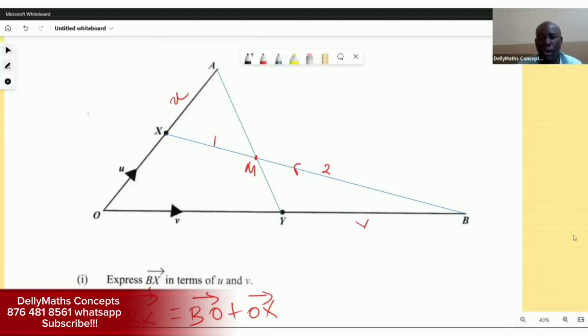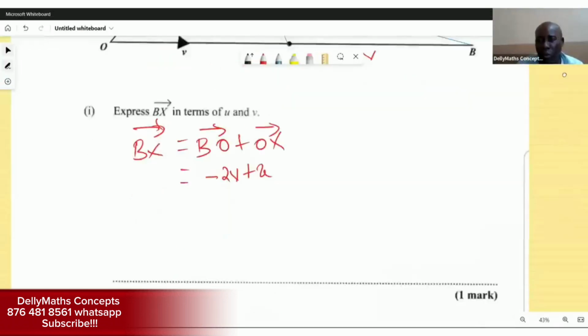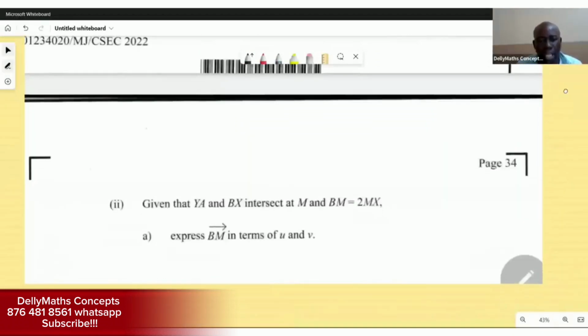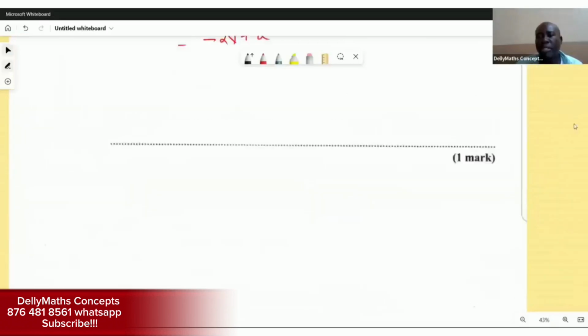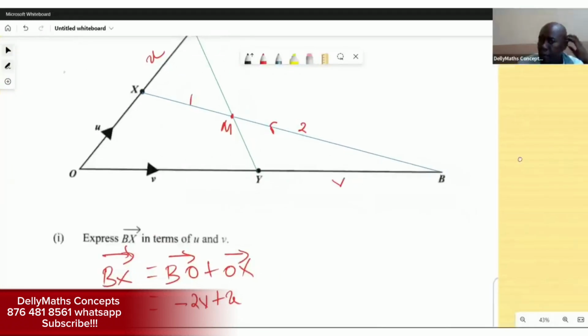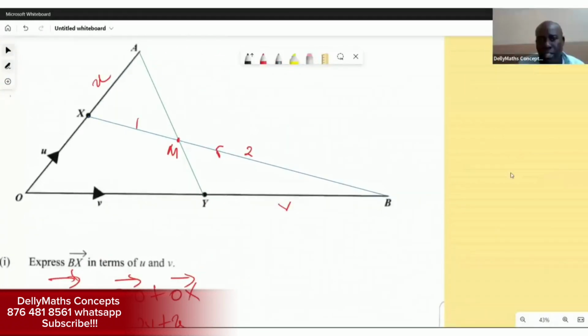All right, so now let's see what they really want. Let's go back to the question. We want to express BM in terms of u and v. In order for me to find BM, I need to find BX and then take 2/3 of it. So BX is to move from B to O plus from O to X. Did I work out BX already?